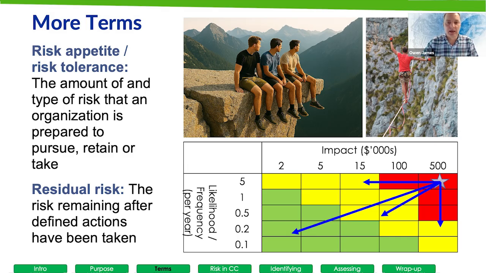I will not tolerate that risk. We must do something about it. Anything that's below this, in this green zone, yeah, that's acceptable to me. I'm willing to run with that level of risk. So that's not the way a lot of people approach this risk space, but that's essentially the inference of what they're doing. So risk tolerance and risk acceptability, and the concept of how much we're reducing residual risk, is key.